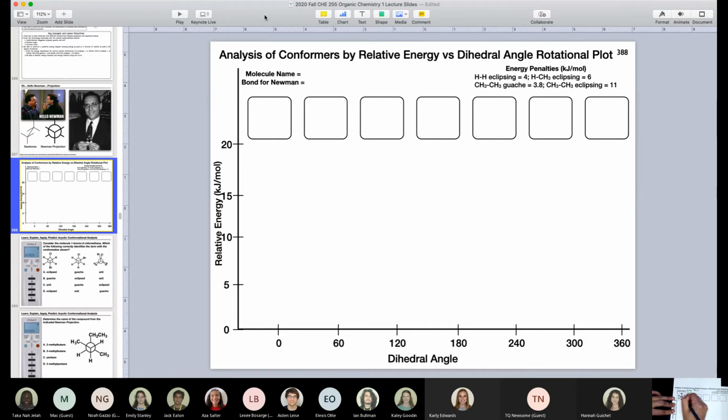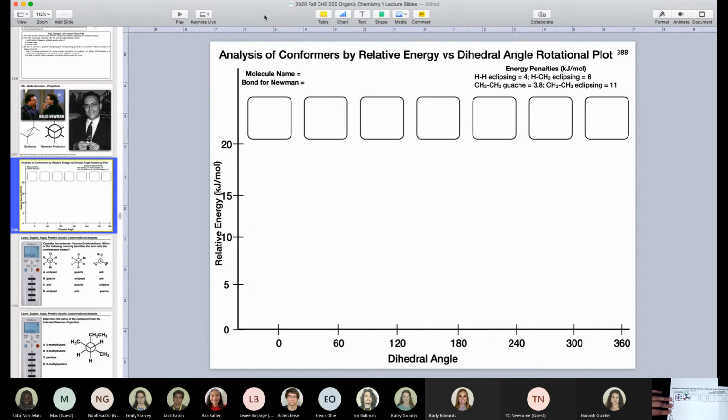Now we're going to go from staggered to eclipsing. So the red methyl group moves over. Now we have a methyl H eclipsing. We said H methyl eclipsing was worth +6. We put in our remaining hydrogens.